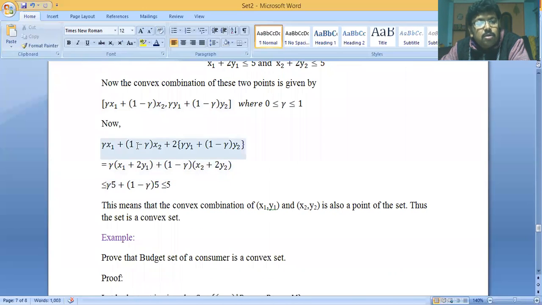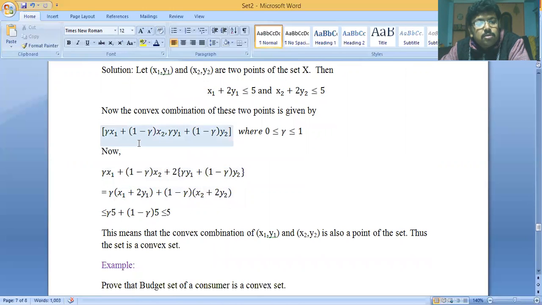So now we take gamma x1 plus 1 minus gamma x2, plus 2 times gamma y1 plus 1 minus gamma y2, just this relationship. We put in x1 plus 2y1, so 2 is there, and we add this. Simplify it by taking out gamma as a common factor.